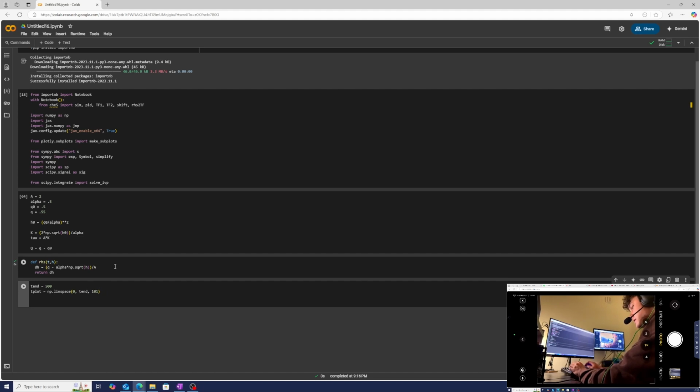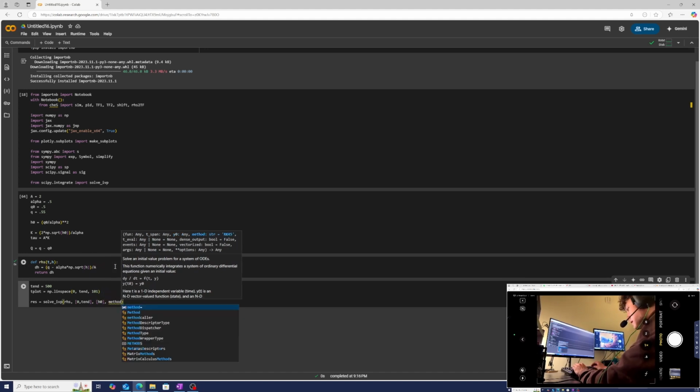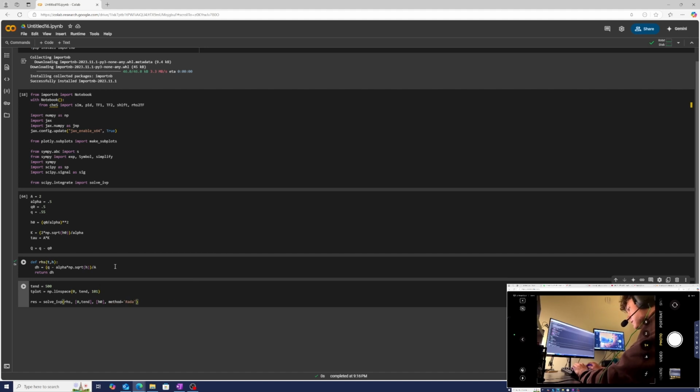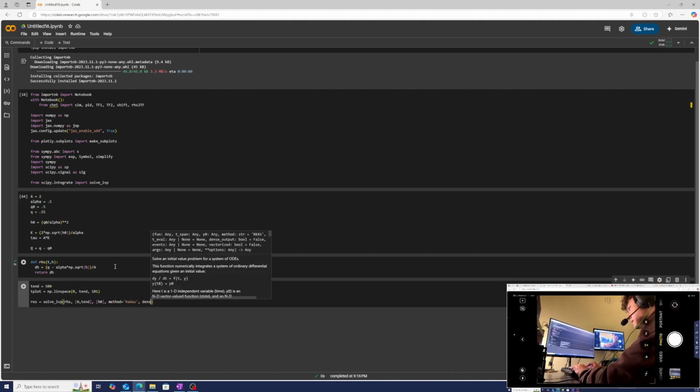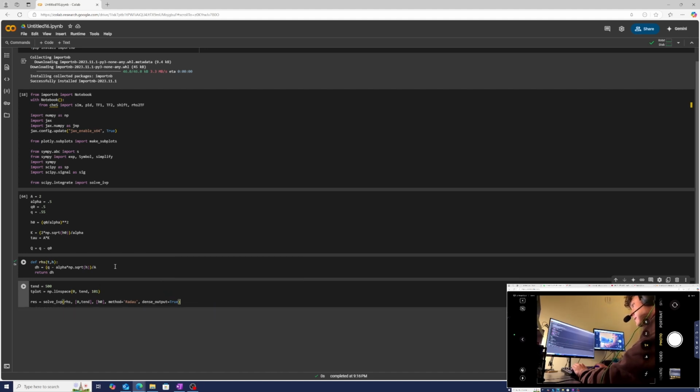Then we will get our exact solution, so our result is equal to solve IVP of our function from 0 to t end, t end, our initial height, h0, method RadauU, and then dense output equal to true in order to evaluate it at each given time.